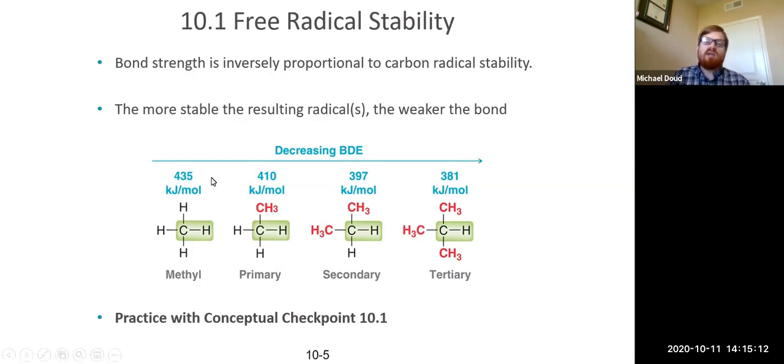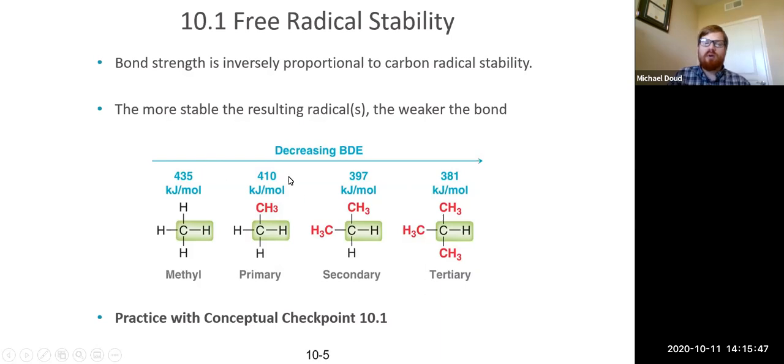So as you go from a methyl to a primary to a secondary to a tertiary carbon hydrogen bond, you're decreasing the bond dissociation energy that's required. And so it's just easier to abstract a hydrogen radical, in one of the patterns that we're about to see in this lecture, from a tertiary carbon than it is from a methyl or a primary carbon.